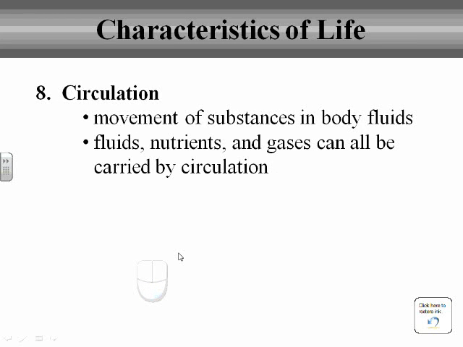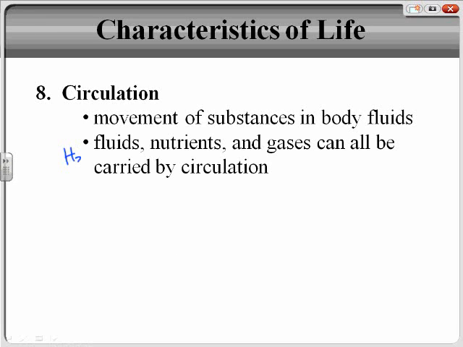Circulation is important. All right? Circulation is another characteristic of life. The idea that these substances are going to travel through your body fluids. All right? You've got nutrients, you've got carbs, you've got your fats, you've got your proteins, vitamins, minerals that are necessary for traveling around the body, and gases at the same time. They all need to be carried through circulation. So when we talk about fluids, all right, we're talking about water, all right?